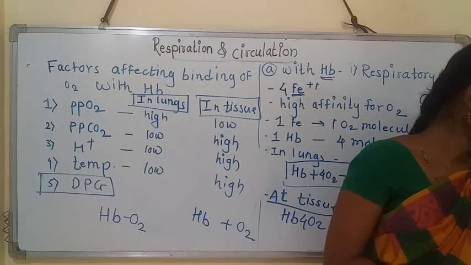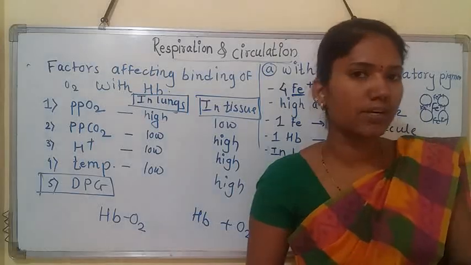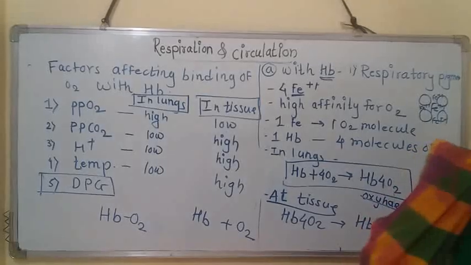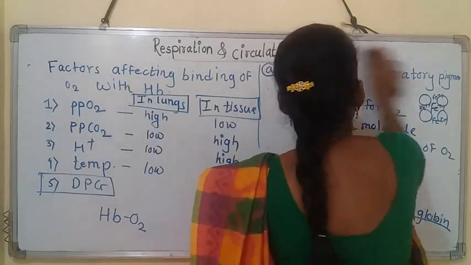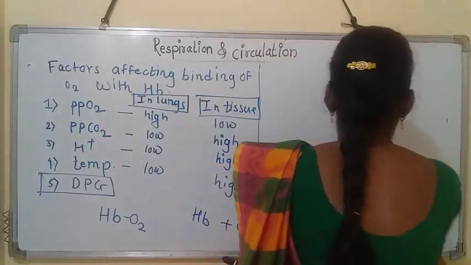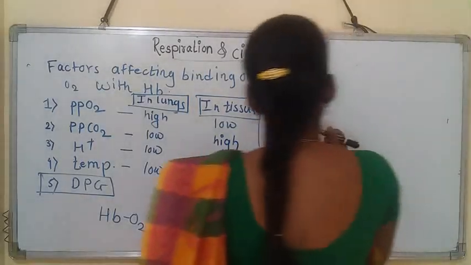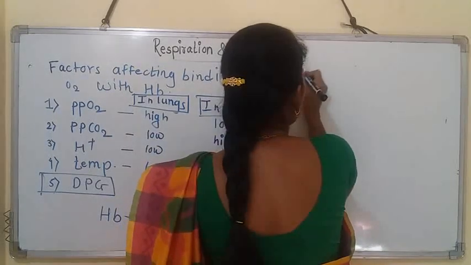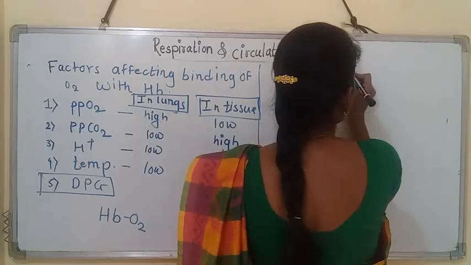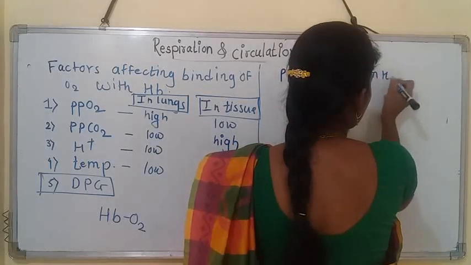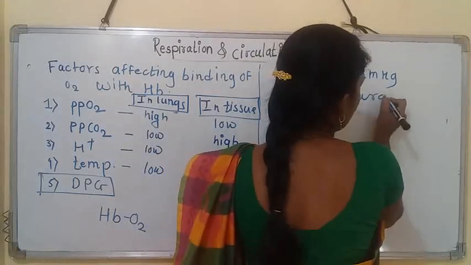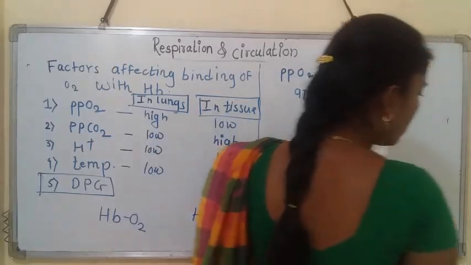Now next, one more extra point they have given in the state board. See, they have given that when partial pressure of O2 is 100 mmHg, then 97% saturation or oxyhemoglobin formation takes place.